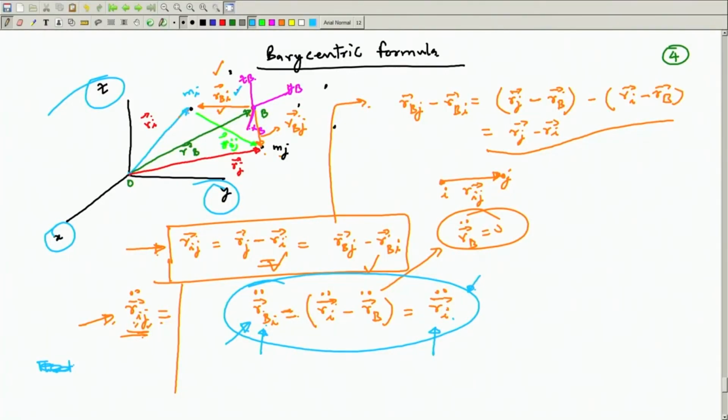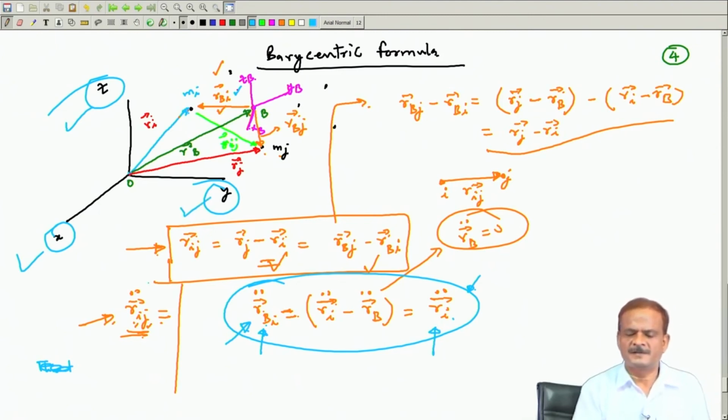It is so easy to work with, and therefore do not get confused if somewhere it is written with respect to the barycenter, or I am using here this x, y and z frame. In most of the places I have used this kind of notation, that this is my frame, these are the particles.